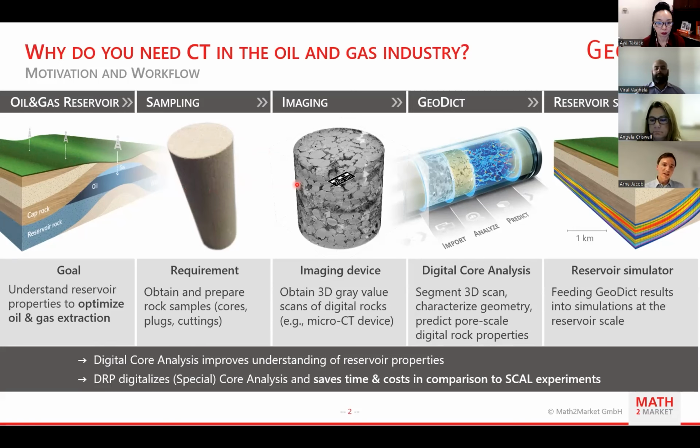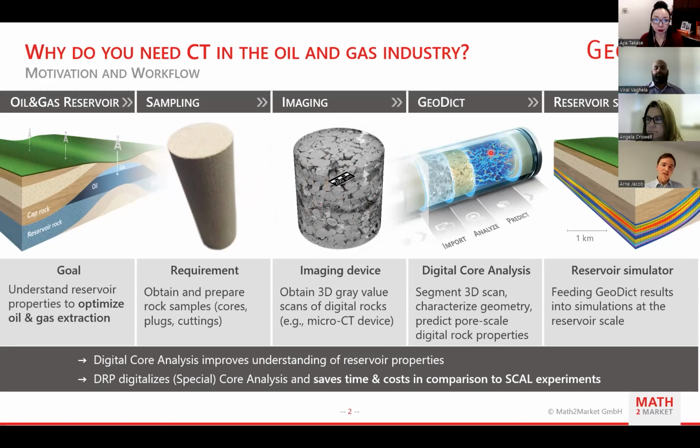After you've obtained these gray value image data, you can do some post-processing on these data to get rid of artifacts, which are almost anywhere in a micro-CT scan, and therefore obtain the best possible amount of information.